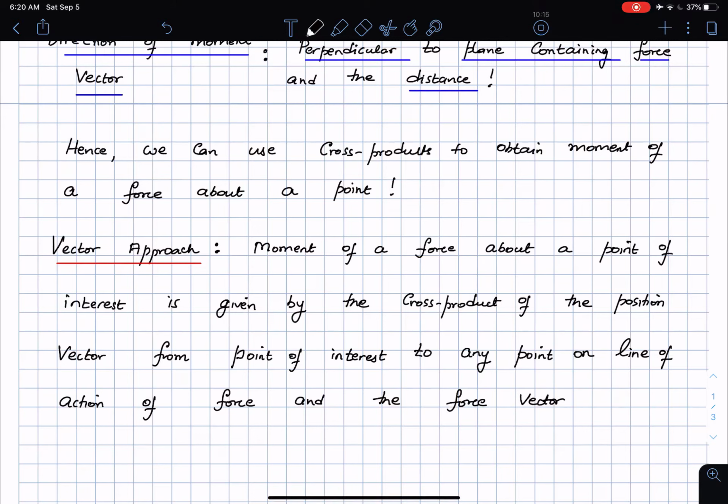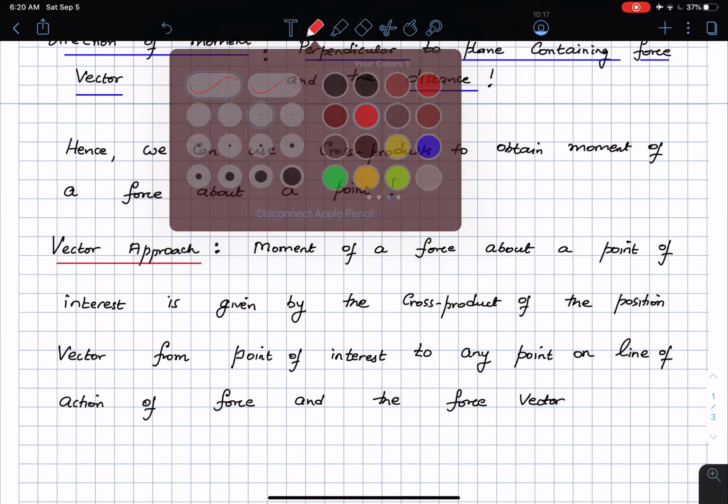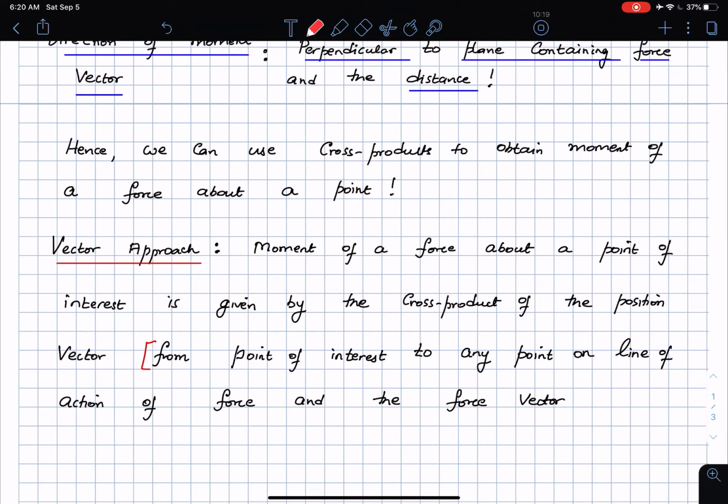Okay, I'm going to put a couple of brackets here. The important thing is the moment of a force is given by the cross product of what? Of the position vector. We said that the moment vector is perpendicular to the plane containing the distance and the force. So distance, if you write it as a vector, is the position vector.